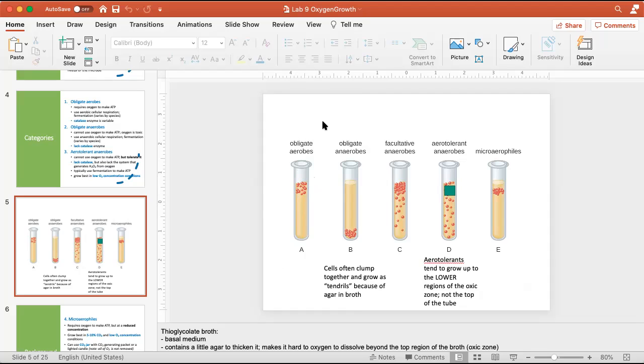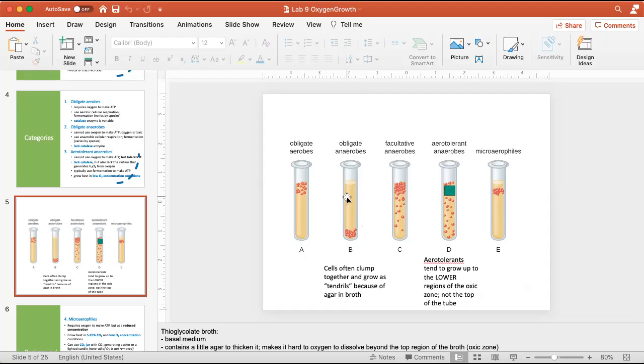In comparison, we have the obligate anaerobe. This is the one where oxygen is toxic to them. No surprise, they grow way at the bottom of the anoxic zone.